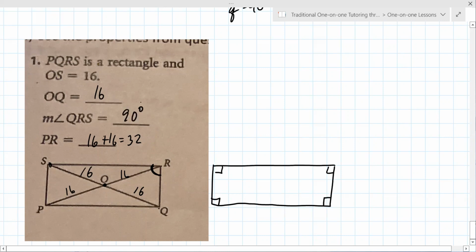It's like earlier when I was asking: is it a linear pair? Is it vertical angles? Sometimes you've got to think, it's got to be something I'm supposed to know, like 90. A lot of them are 90. So the rectangle one's probably one of the most simple. Yeah, we can go through number 2.